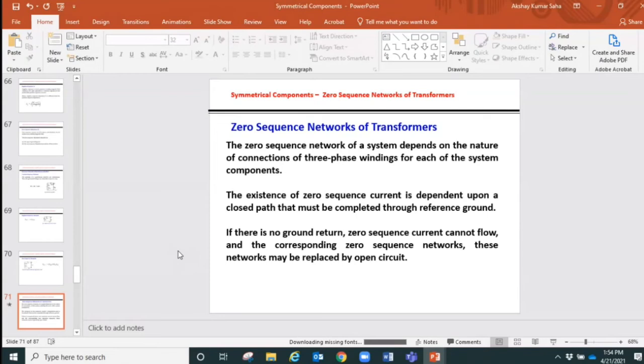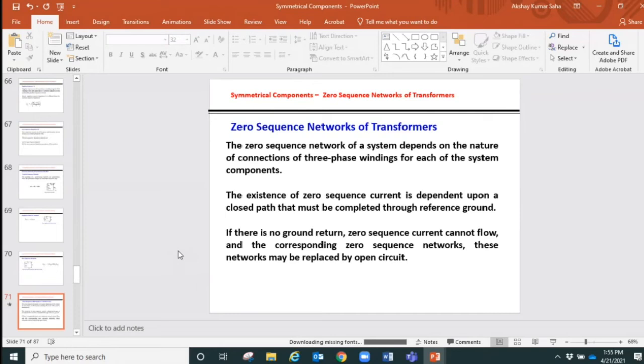So the point is that secondary current comes as a reflection to the primary and gets added with the no load current, and then we get the final value of the primary current. But I mentioned that the no load current of a transformer is very small as a percentage of the full load current. Let's say it is 1%, and the primary current is coming from the no load current and the reflected component of the secondary current.